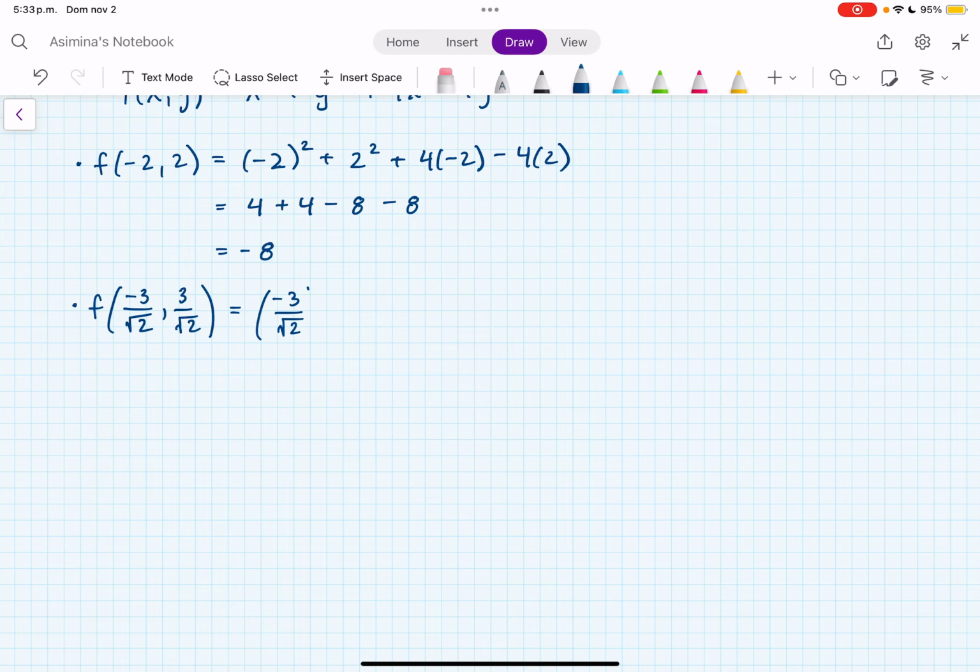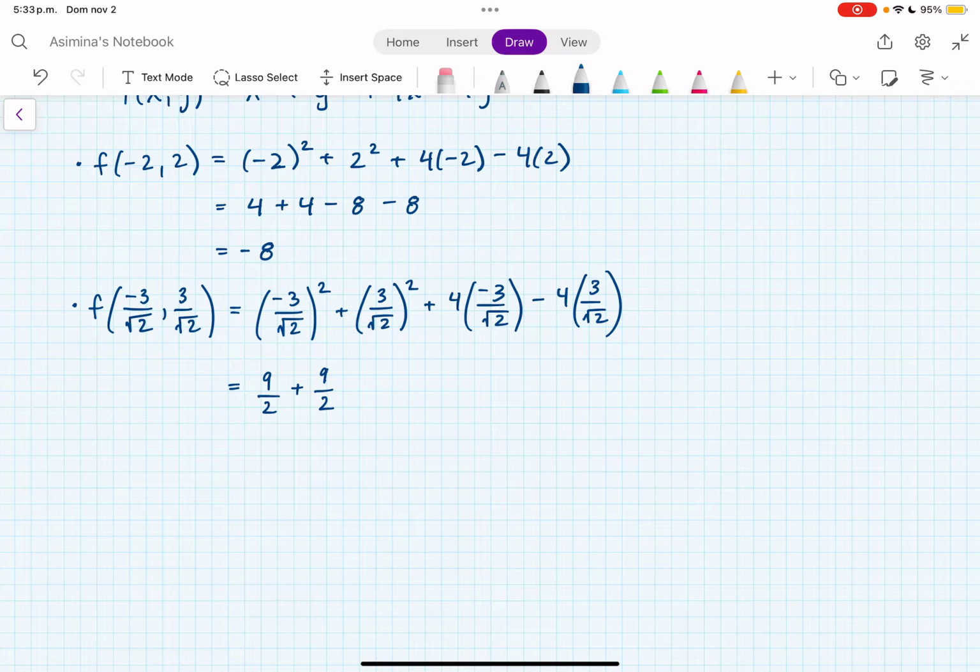So we have minus 3 over root 2 squared plus 3 over root 2 squared plus 4 times minus 3 over root 2 minus 4 times 3 over root 2. Now here comes the fun part, which is simplifying. For the squared terms, we get 9 over 2 plus also 9 over 2.